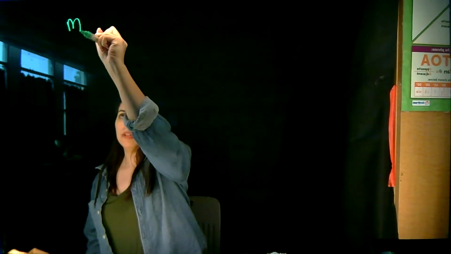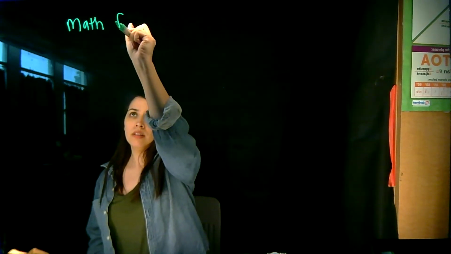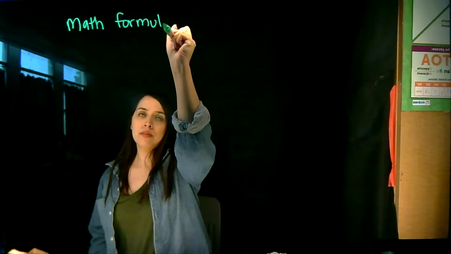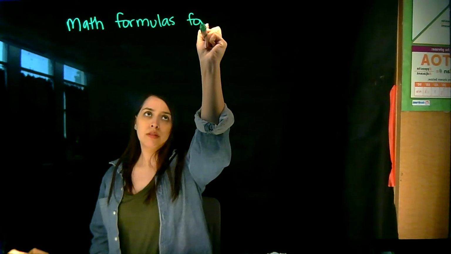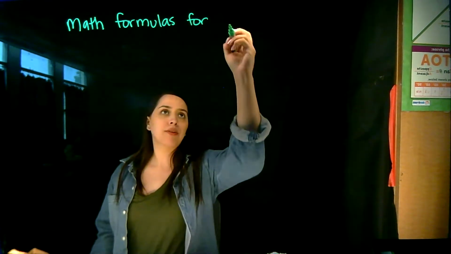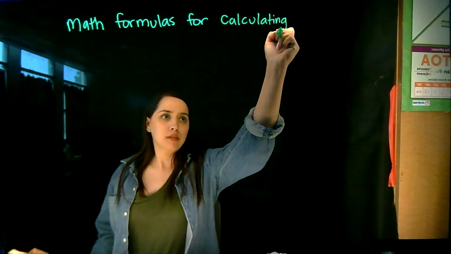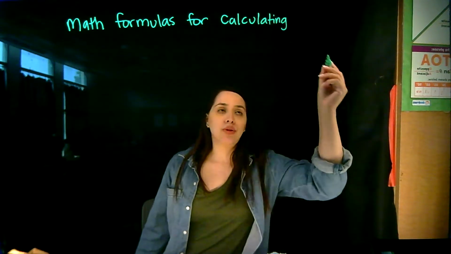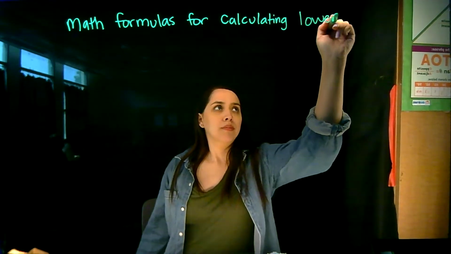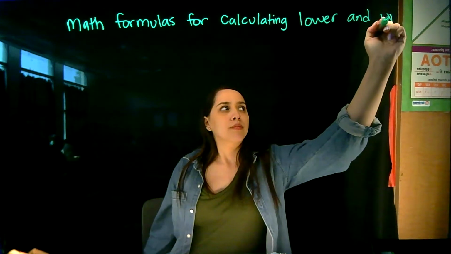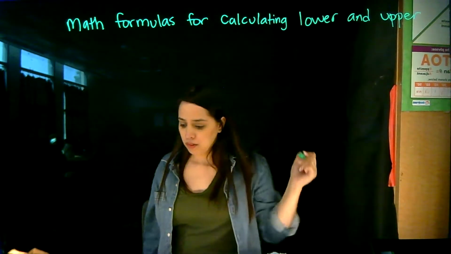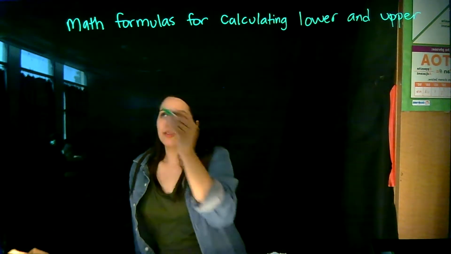And we are actually going to talk about the math formulas for calculating lower and upper outliers. So write math formulas. Can you guys see this color? Yeah? So math formulas for calculating lower and upper outliers.